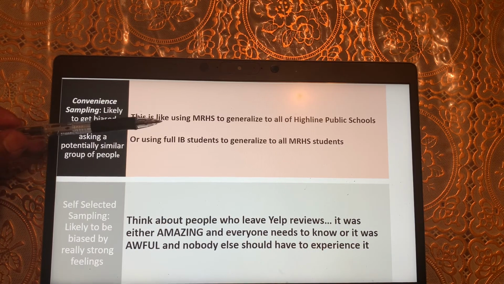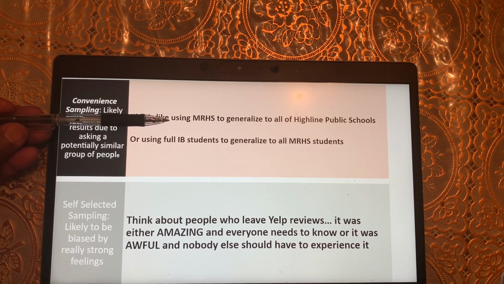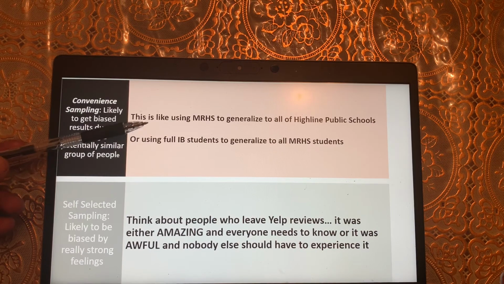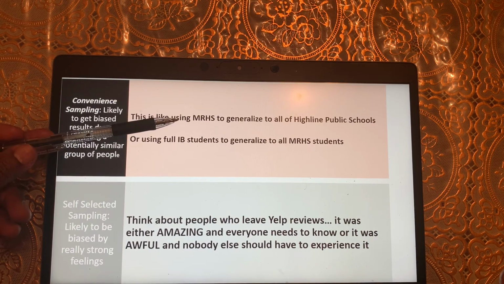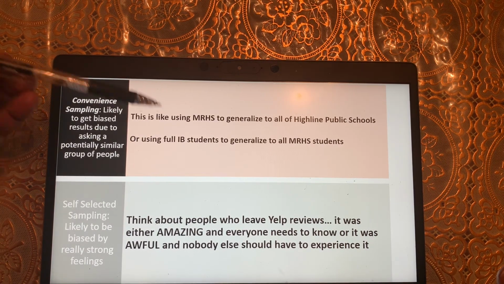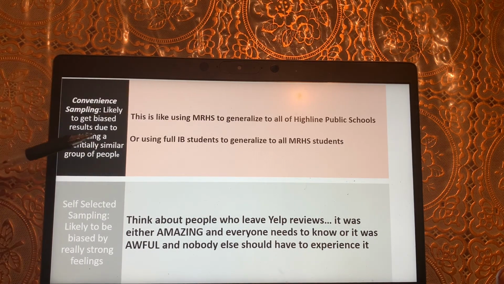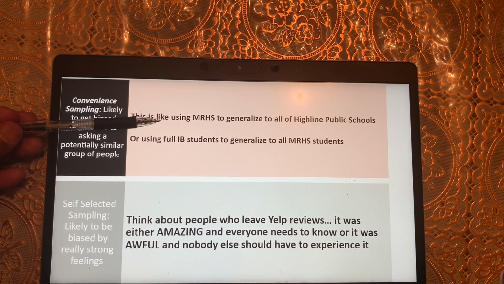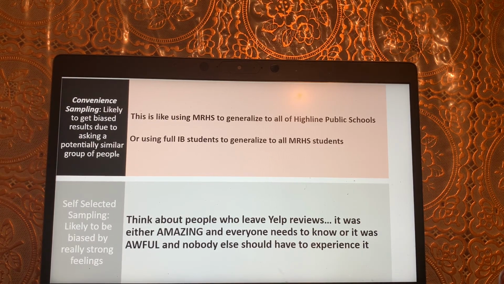For instance, if we want to survey the whole Highline Public Schools, even though Mount Rainier High School is a sample of that population, it's not a sufficient sample to conduct a survey. Say the question is how many people will go to prom. Asking only Mount Rainier High School 12th graders and then generalizing to the whole Highline Public Schools is not a good way of sampling, because we have to take samples from other high schools also, say Highline High School and Evergreen. We need to take those samples.